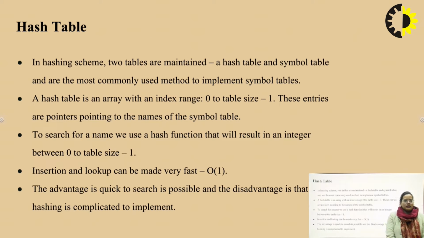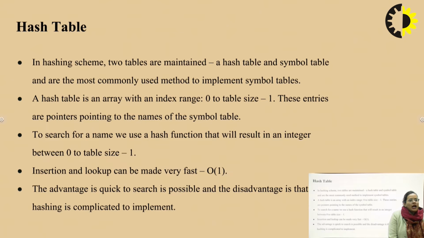Next is the hash table. In a hashing scheme, two tables are maintained, a hash table and a symbol table, and it is the most commonly used method to implement a symbol table. A hash table is an array with an index range of 0 to table size minus 1. Suppose the table size is 10, then the maximum index of the hash table is 9.